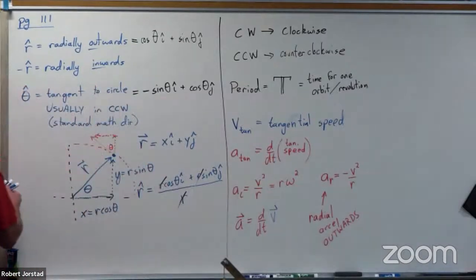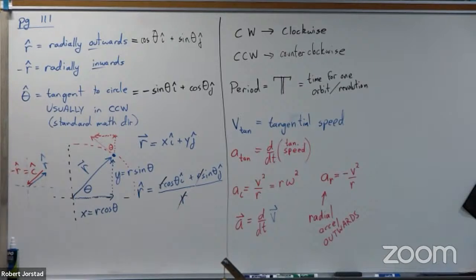If we look at this one, R hat is radially outwards. I would like to think of a centripetal hat. Even though most people don't use this, we could call this towards the center. And to be clear, towards the center is minus R hat.